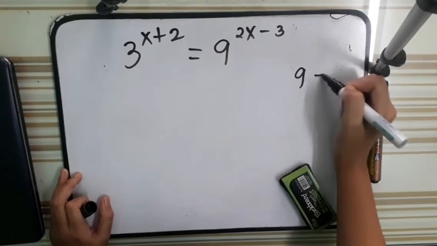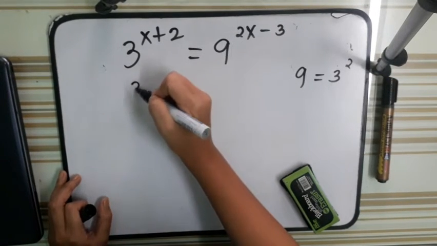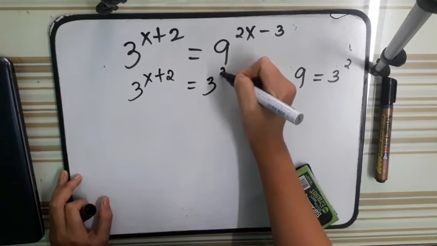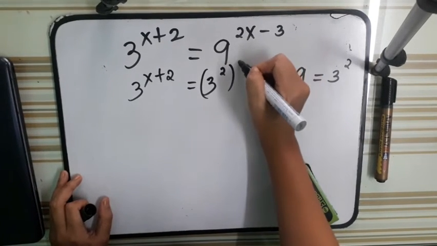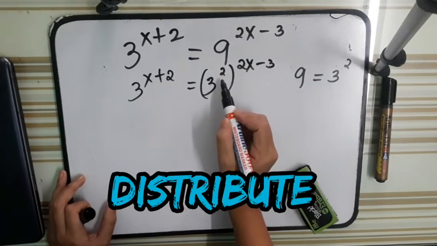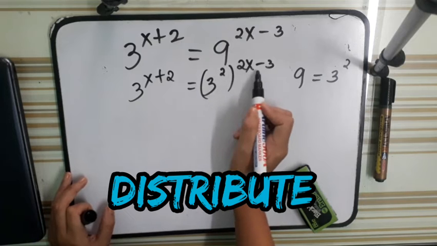So 9 is equal to 3 raised to 2. So let's rewrite. So 3 raised to x plus 2 is equal to 3 raised to 2 times the exponent 2x minus 3. Now we need to multiply this one to 2x minus 3.